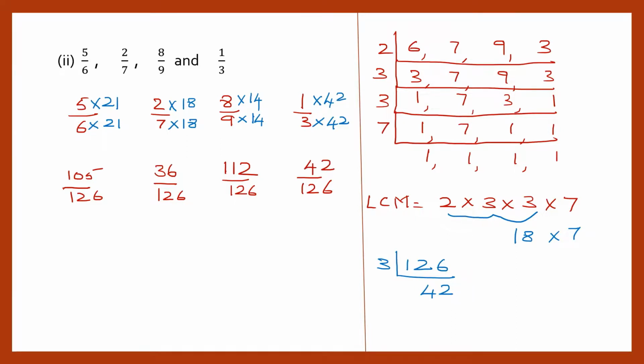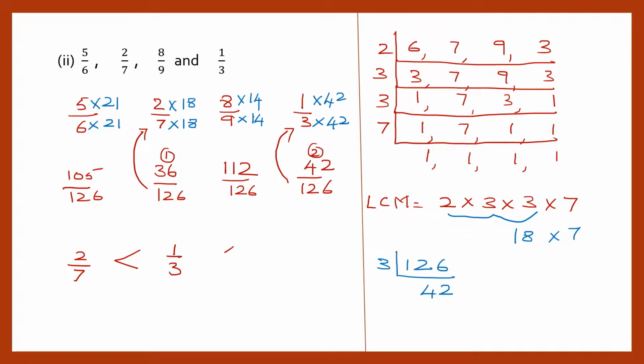So now I have like fractions. Let me look for the smallest numerator. 36 is the smallest. So my smallest fraction is 2 by 7. 2 by 7 is smaller than, now which is the next smallest number? 42 is smaller than 1 by 3.